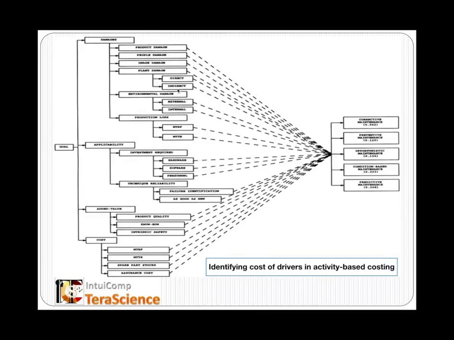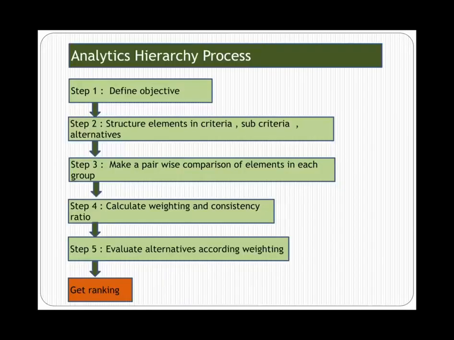Plant damage can be direct and indirect both. Environmental damage can be external or internal. Production loss can be, I'm not able to understand these two, but you get the idea. So all of this is hierarchy. So that is why it is called AHP, analytic hierarchy process. Now let's move back.